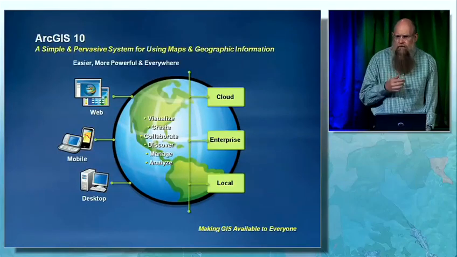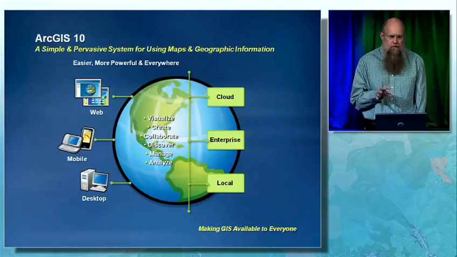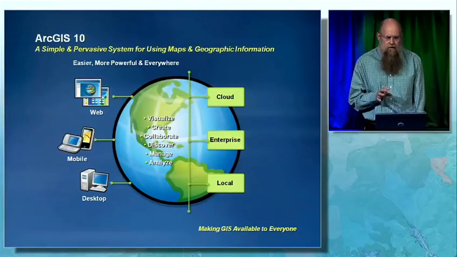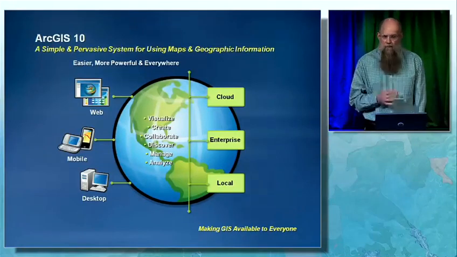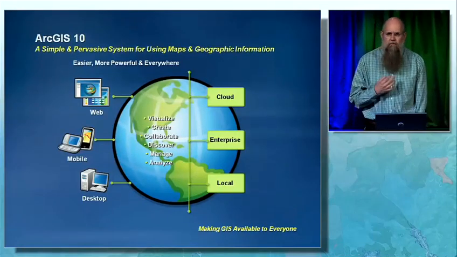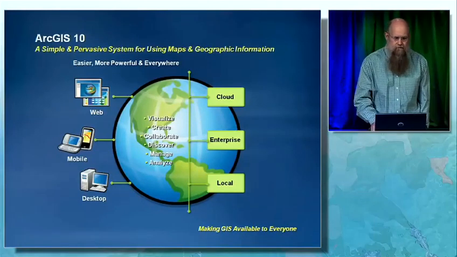So this is the basic idea of ArcGIS 10, a single unified system that is about managing and working with maps accessible through the web, through mobile devices and desktop, powered by servers running on enterprise or in the cloud.